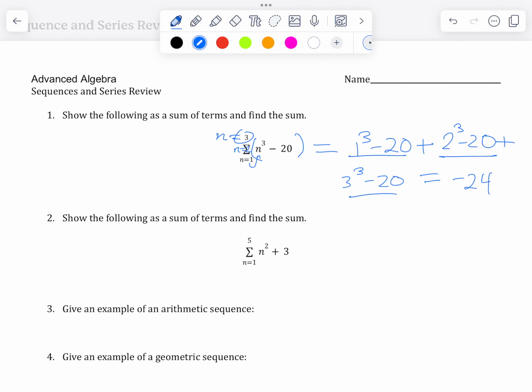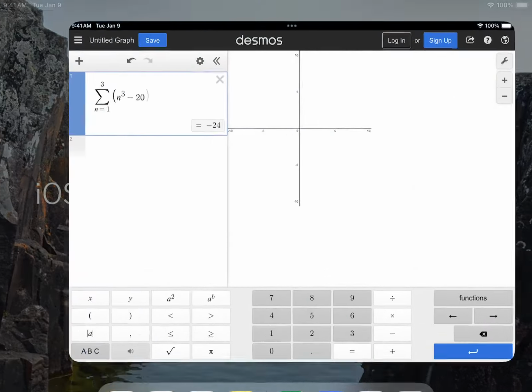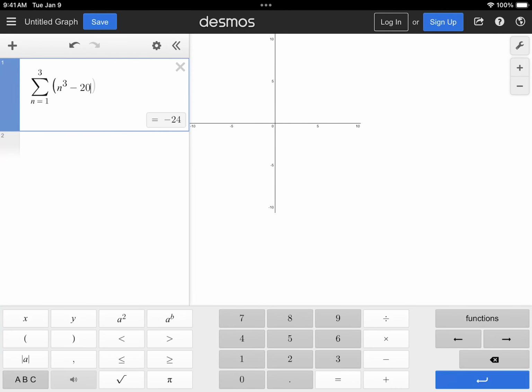And then you get it and you can do that. Now I'm going to do the same thing with this one and just get the answer. So I'm going to go back to Desmos, and this one was from 1 to 5. Oops, so I'm going to change that to a 5.